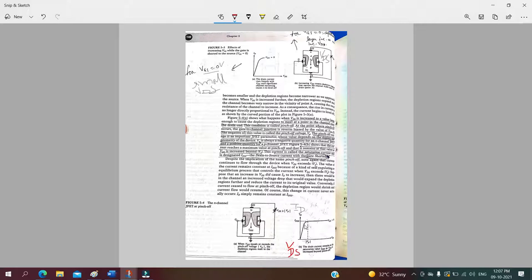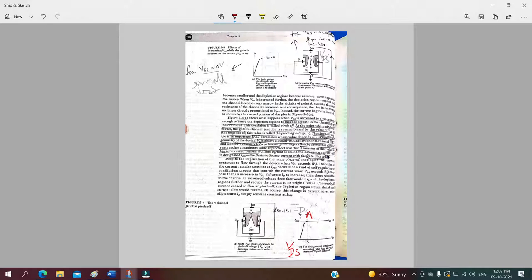So initially up to this point A, current increases linearly with the VDS, and this FET will behave as a voltage variable resistance, or you can say it will behave in the ohmic region.